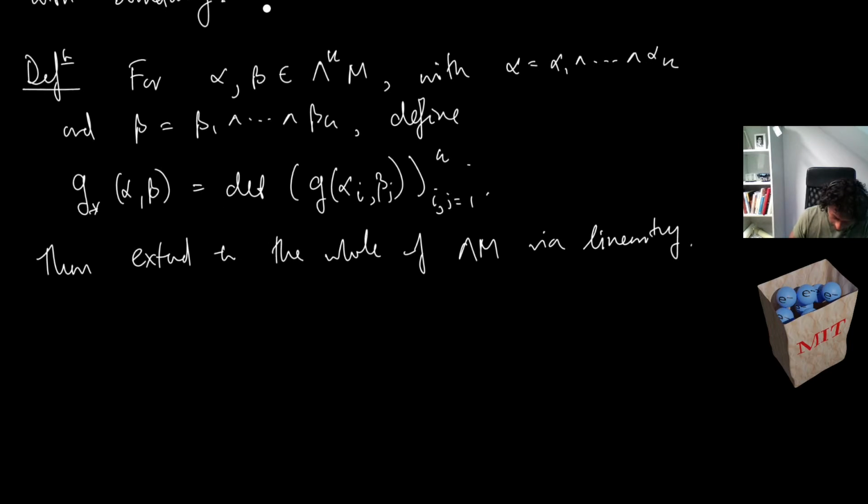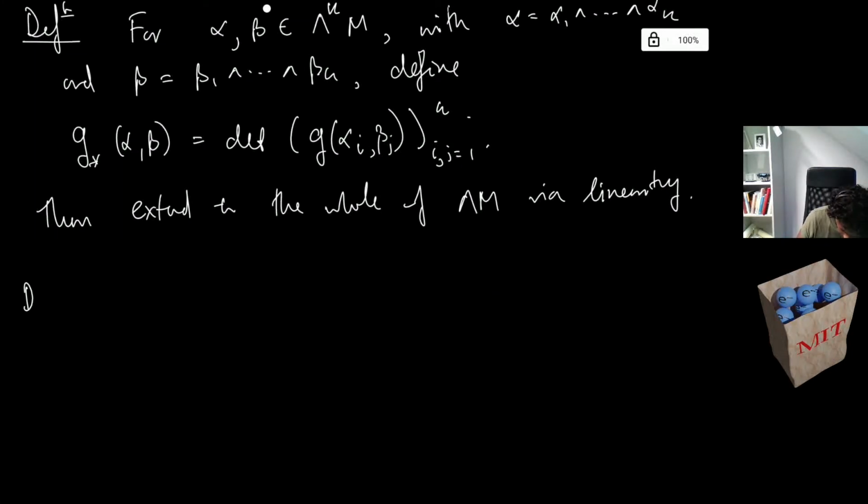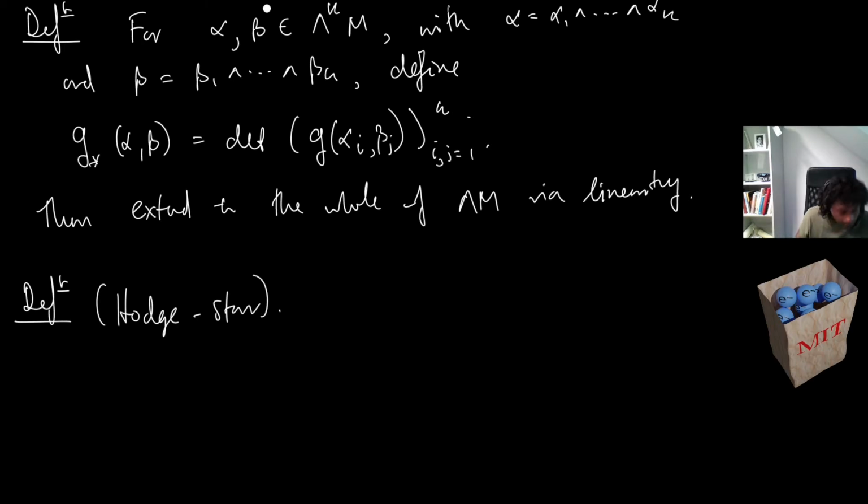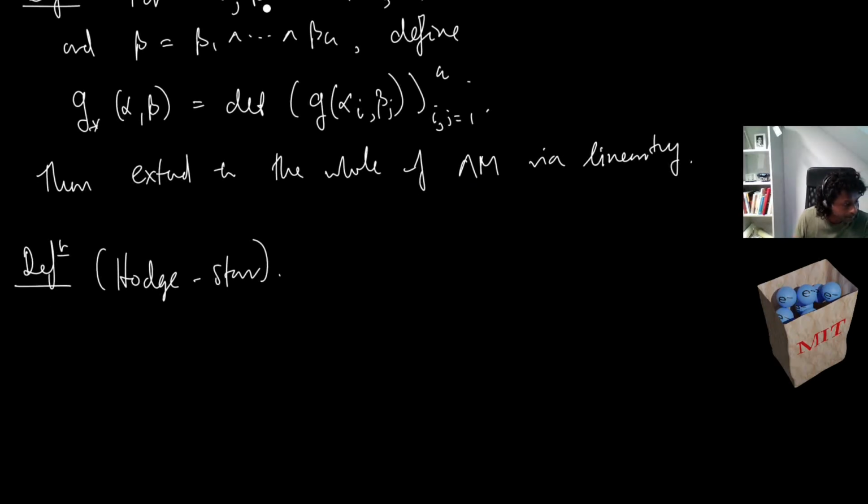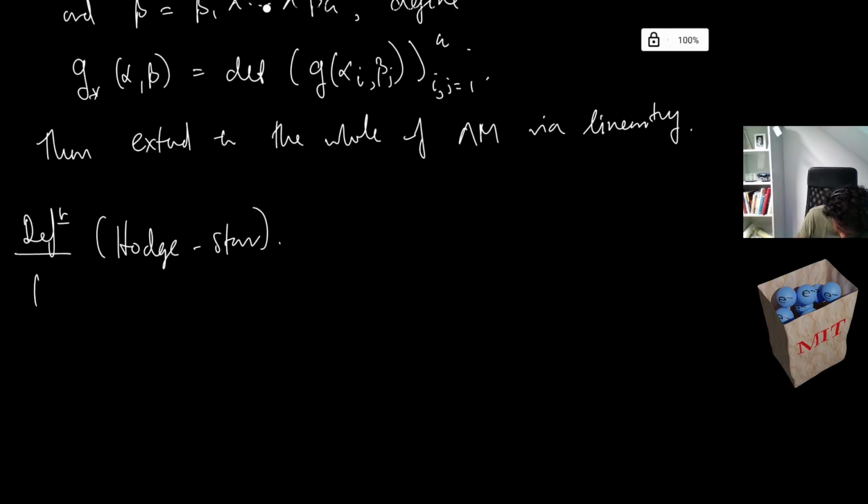Okay, so now with this, let's define, I mean, this should just be really recalling things. So this is the Hodge star. So we have an oriented manifold, right? We've assumed that it's oriented. So actually the volume element is really a differential form now, because of orientability. So it's not just a density, it's a form, right?